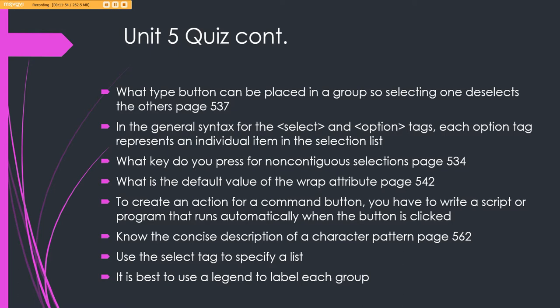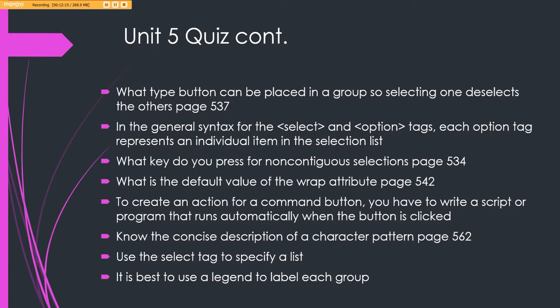Page 542. To create an action for a command button, you have to write a script or program that runs automatically when the button is clicked. Know the concise description of a character pattern. Page 562. Use the Select tab to specify a list.